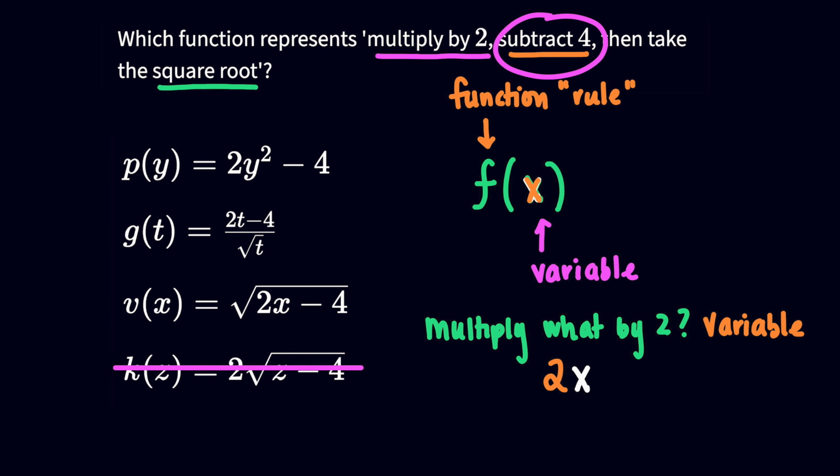So let's go into the next part. Once we multiply by 2, then we will subtract 4. If we just break it down, it says subtract, minus, and then the number 4. There must be something in front to make it mathematically sound, right?